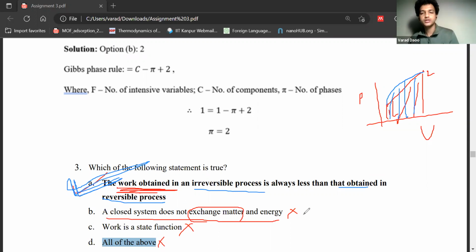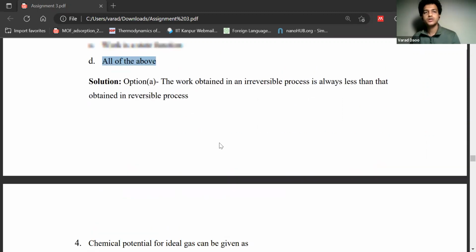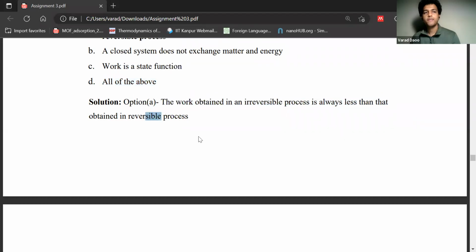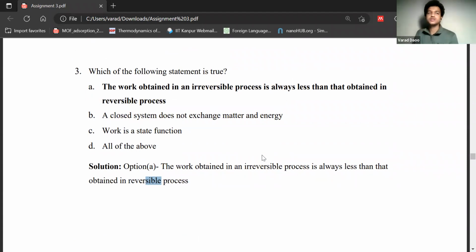Either you can go like this, or you can just start eliminating the other options until you are left with only one option. So I hope the question and explanation is clear to everyone. If anybody has any question, they can ask now. Those who understood the question can move on to the next question. I'll give you 2 minutes. If you have any doubts in this question, you can ask. Then we'll move on to the next question.